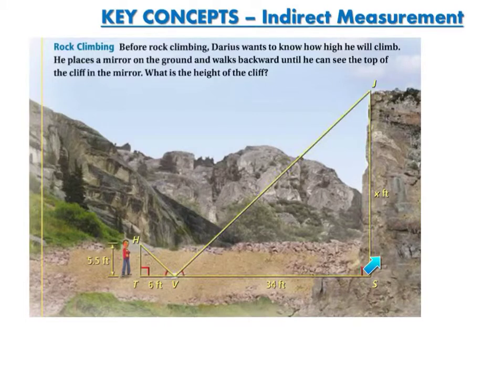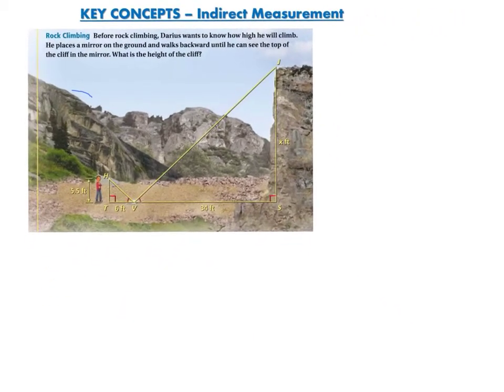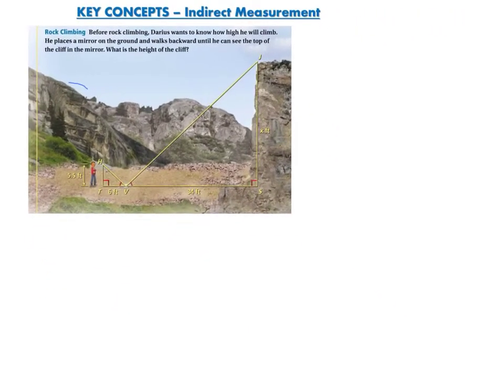So what we're going to do is make a proportion using those two bits of information. All right, so I have my two triangles, and the first one I'm going to use is his triangle. So I have 5.5 over 6, and that's equal to x, that's the vertical side, over 34, which is the horizontal side.